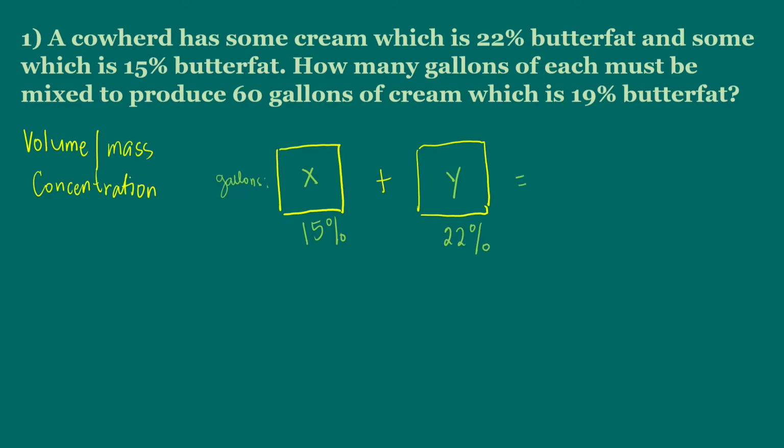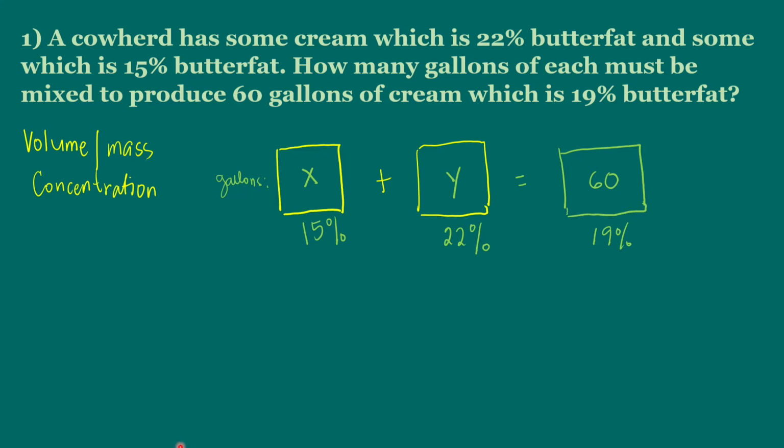That will create a mixture of 60 gallons of cream, which is 19% butterfat.